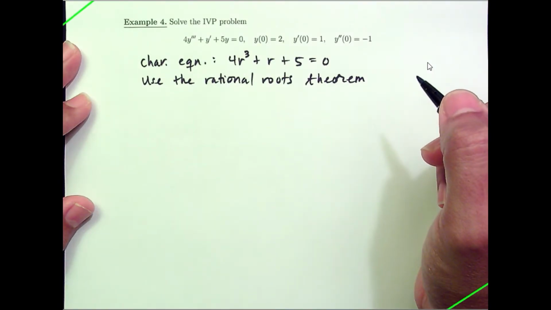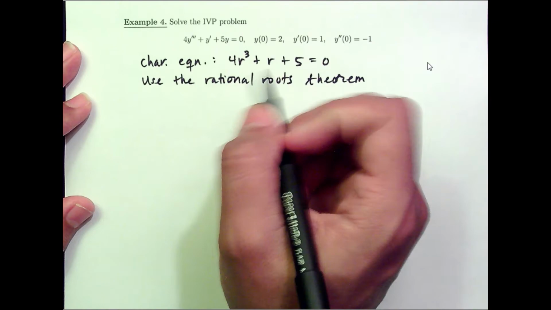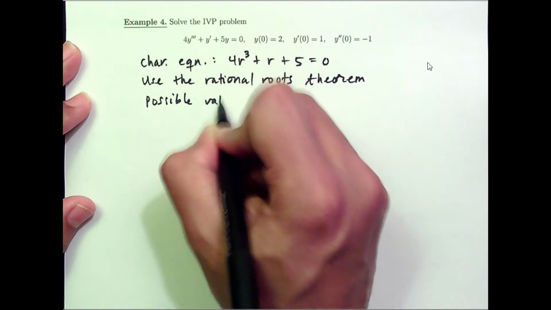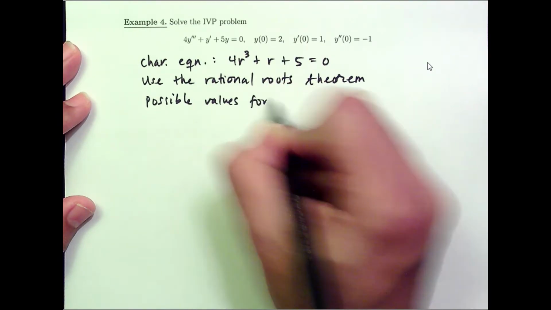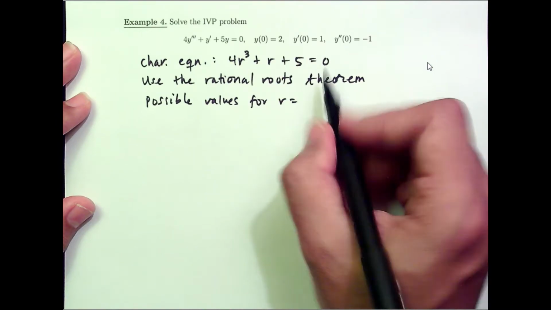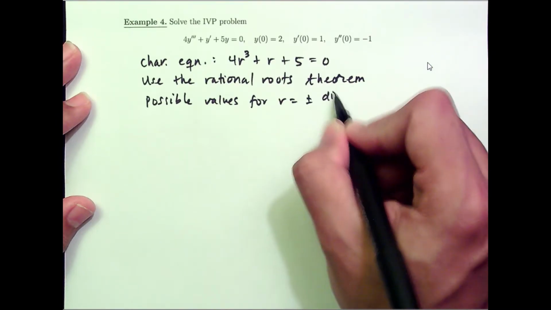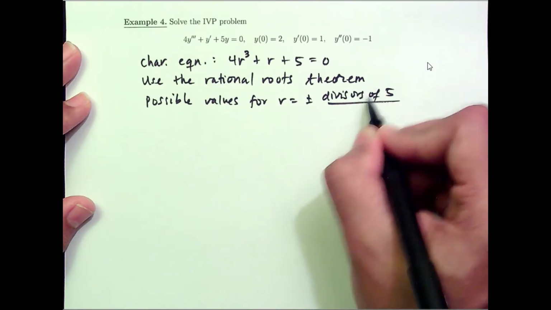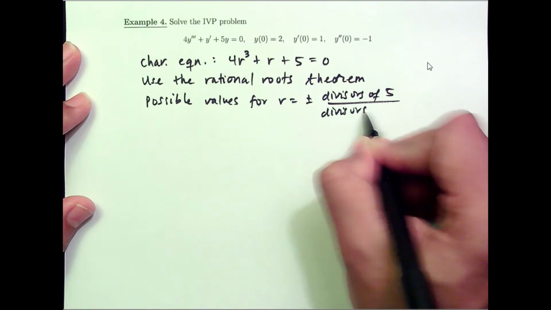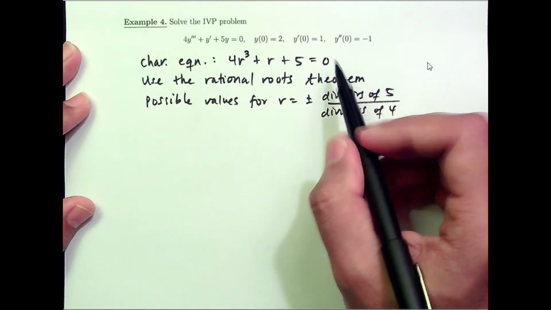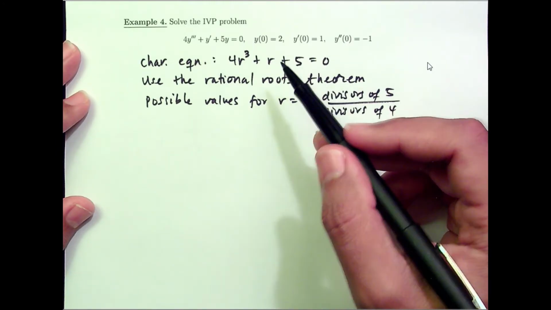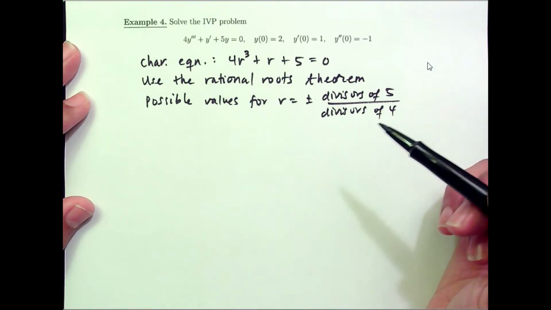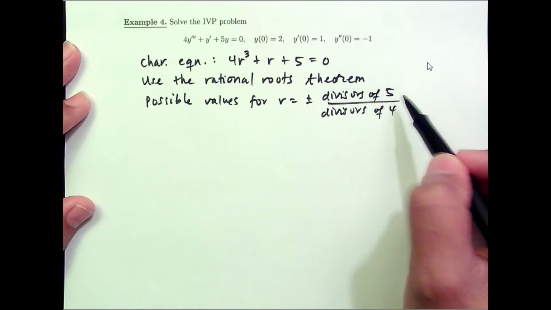And remember, the rational roots theorem tells me that the possible values for r are plus or minus divisors of 5 over divisors of 4. Divisors of the constant term divided by divisors of the leading coefficient. And then you write here all the possible combinations.